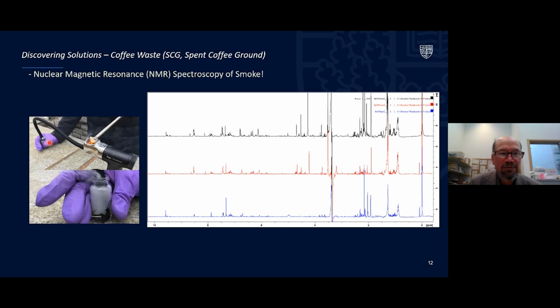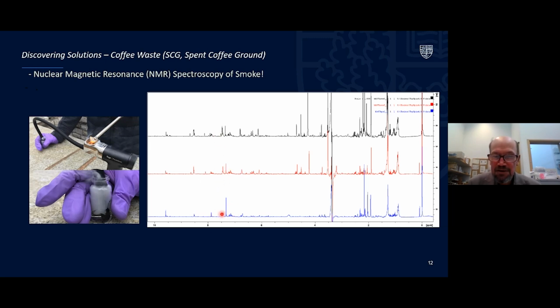The smoke's bubbling through this solvent here, and any soluble molecules that are in the smoke will be trapped in this solvent, and we can do NMR. So it's kind of cool, because this is NMR of smoke, which isn't something that you normally expect to see NMR spectra of. And again, you can see that there's a series of signals, with the peat at the bottom, the coffee in the middle, and the decaf coffee at the top.